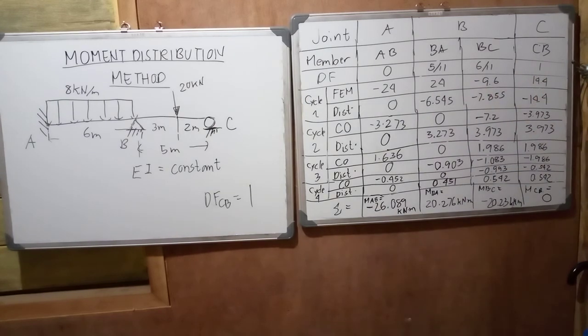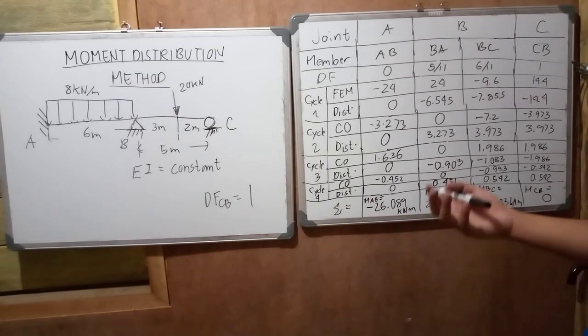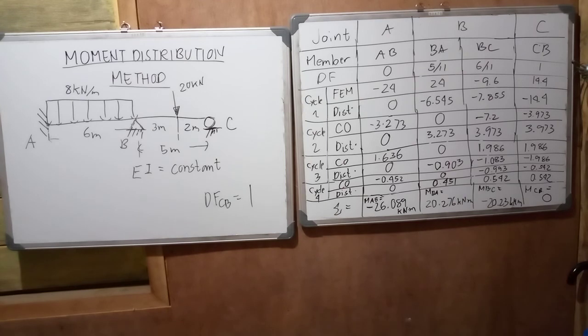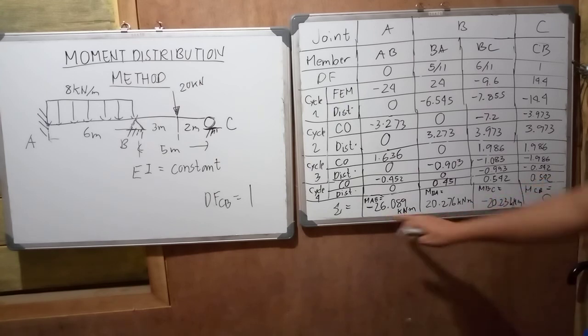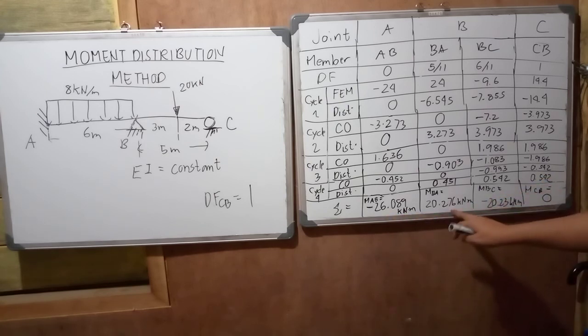But in the end, makita natin na yung far end na pin o ruler magiging 0. And then yung far end na fixed, meron talagang value. So I hope nagkaintindihan tayo. So this is our second example. So we will have our third example on the next video.